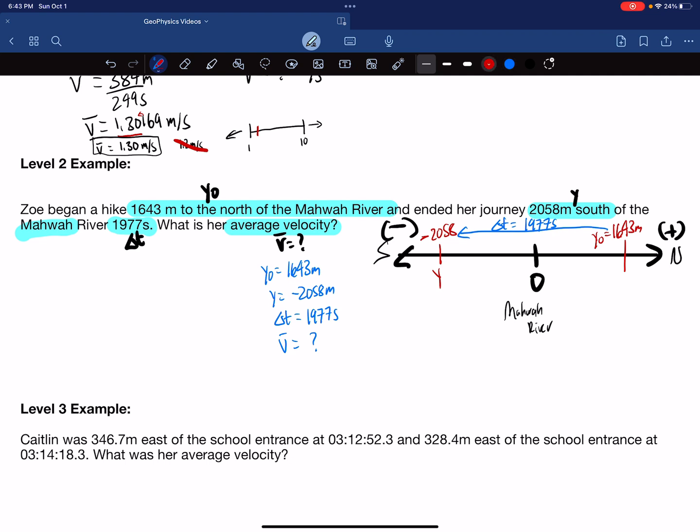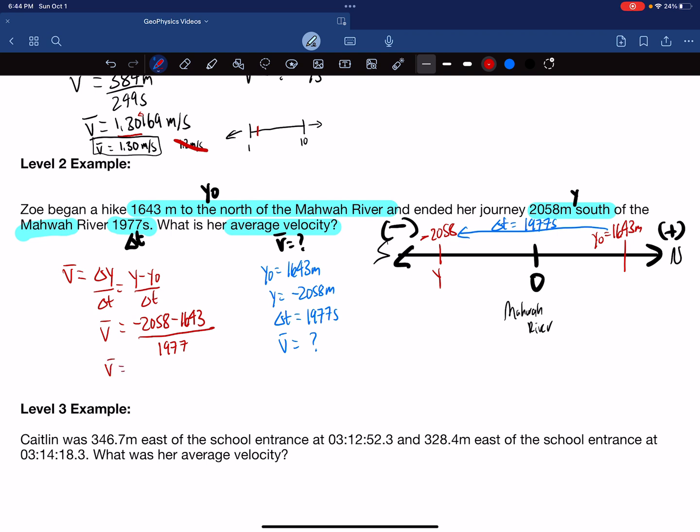Now we can record our formula, which is the average velocity, delta Y over delta T. And that delta Y is Y minus Y naught, all over delta T. So we have minus 2,058 minus 1,643, all over 1,977.